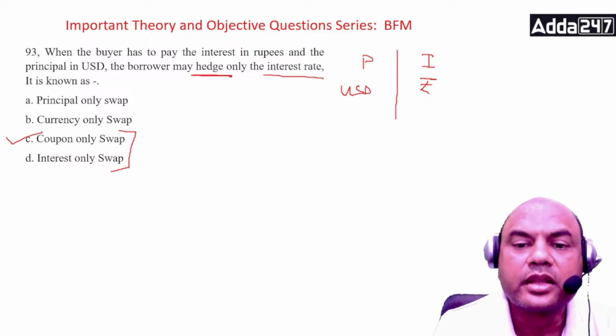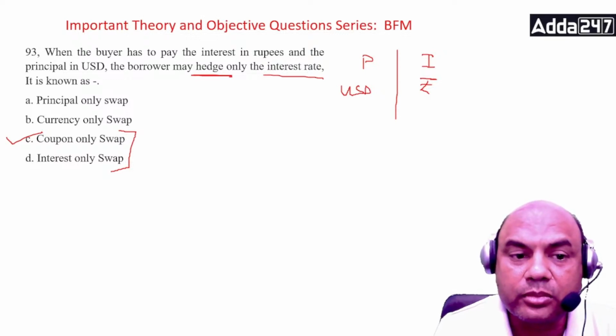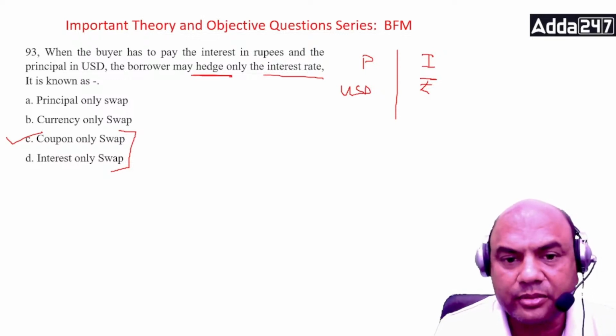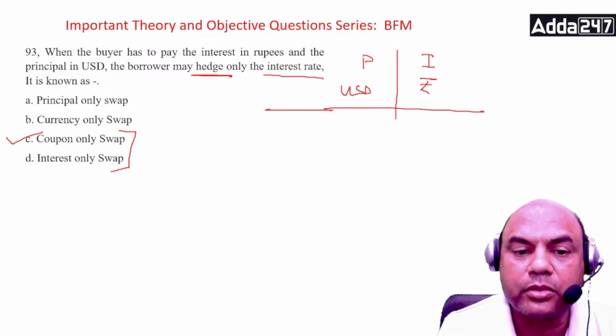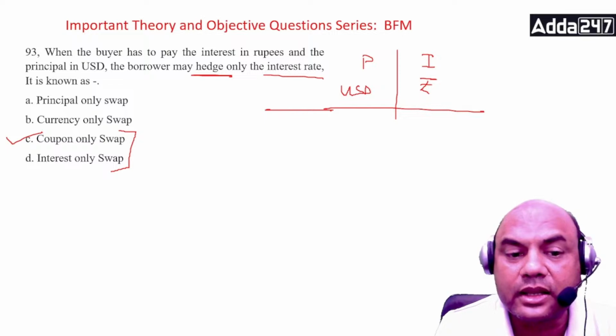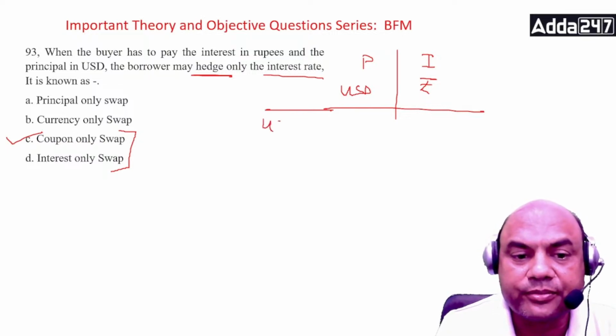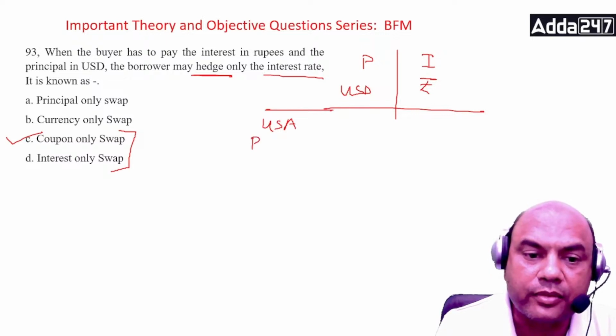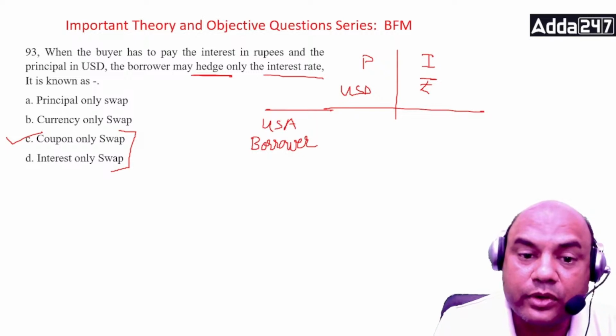Now imagine the borrower or buyer, both are the same, is from another country, let's say USA.